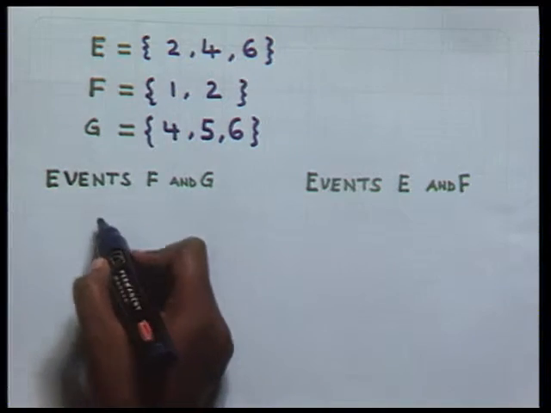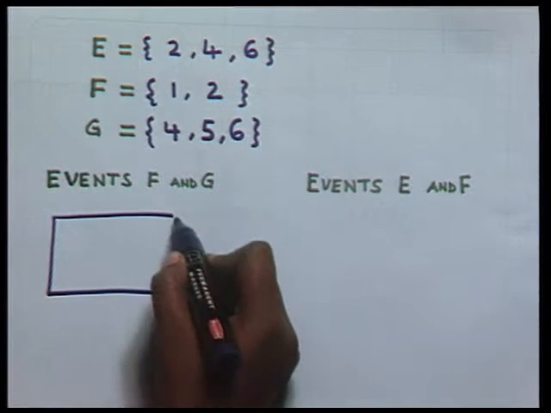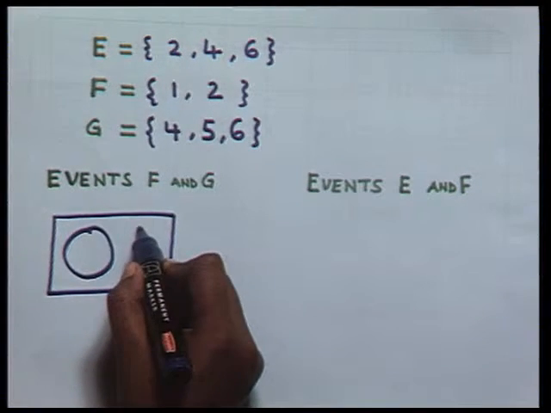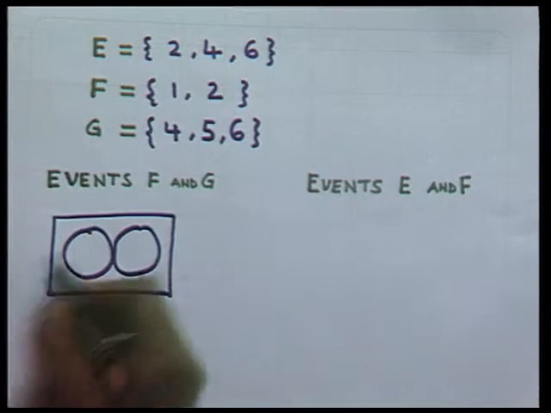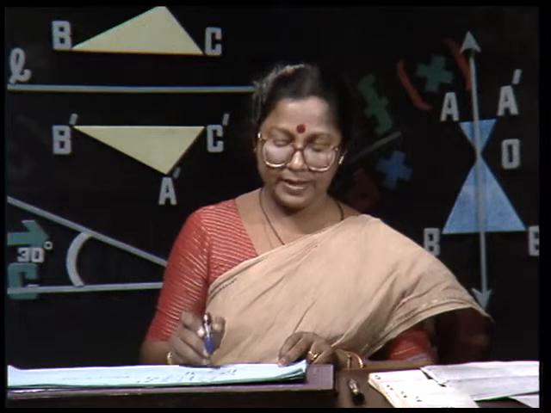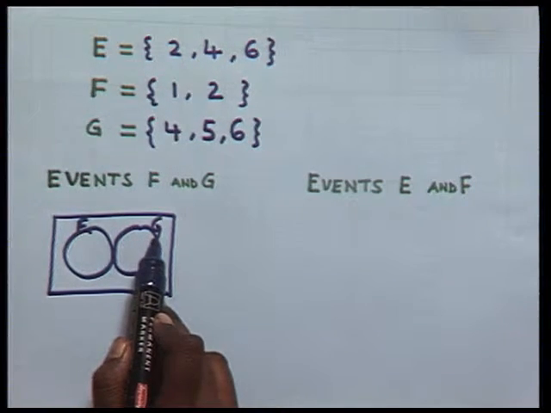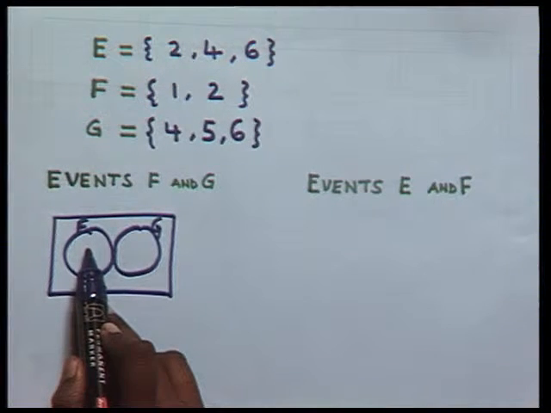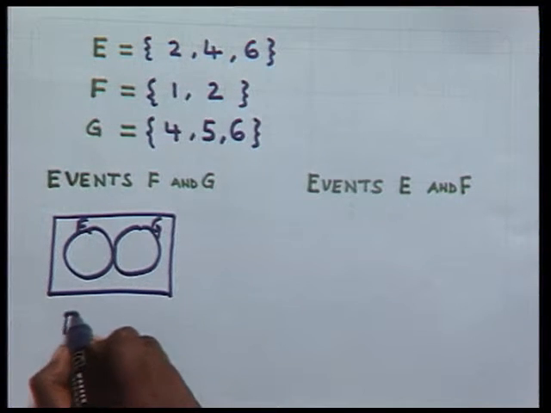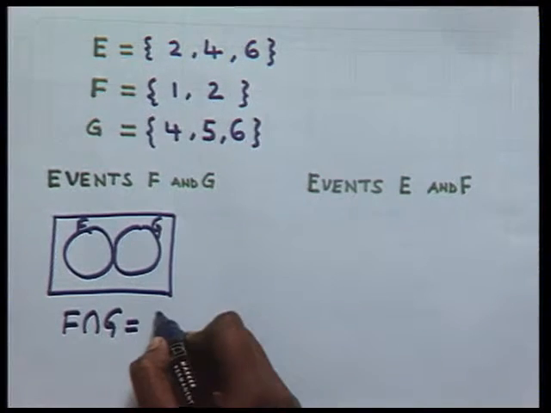We can show it by a Venn diagram like this. If this is the sample space, then if this is the event F and this is event G, we say that events F and G are mutually exclusive because the occurrence of one excludes the occurrence of the other, or we say that the event F intersection event G is a null set.